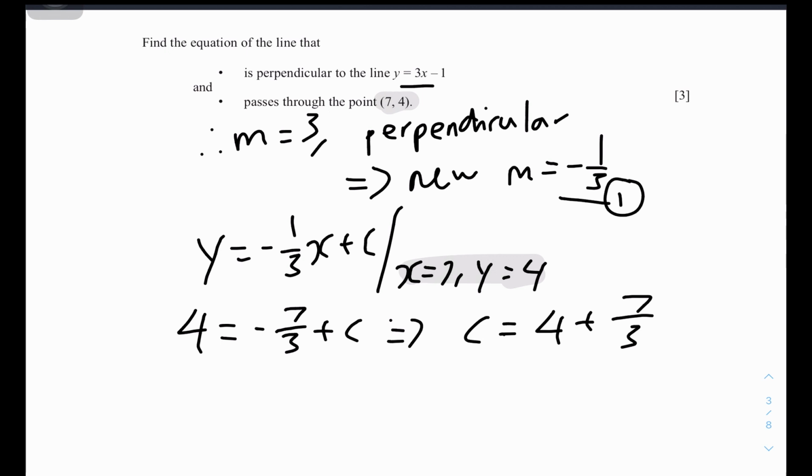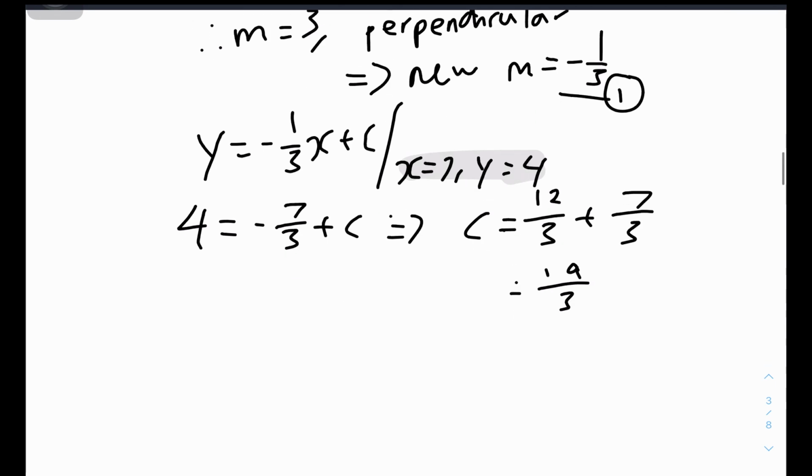To turn 4 into a fraction with a denominator of 3, it will be 12 over 3. So it will be 12 plus 7 is 19 over 3. That's the simplest form because 19 over 3 cannot be simplified further.